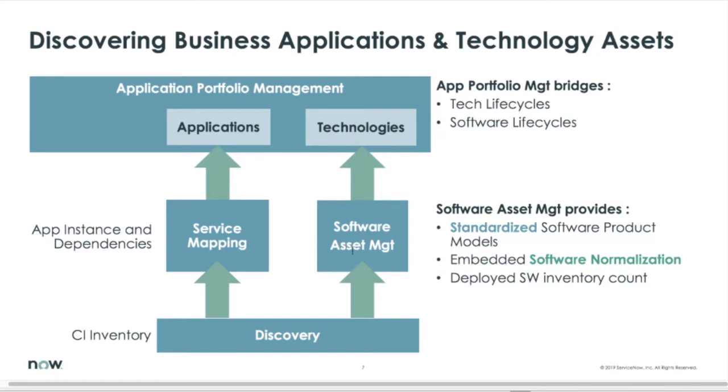Those actual software models will roll up here into your application portfolio management inventory. So that combined with your hardware items will give you a full picture of the supporting technologies. Also, we talked about the service mapping, which is really more of that top-down type discovery, and doing that mapping across all the different items in your inventory.